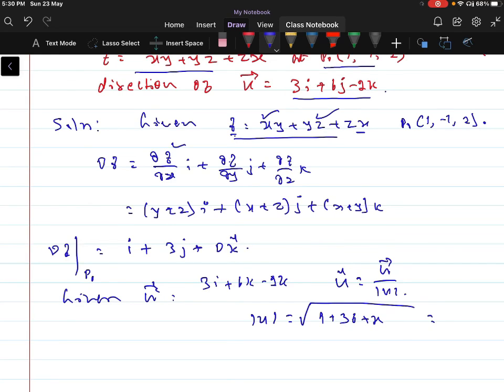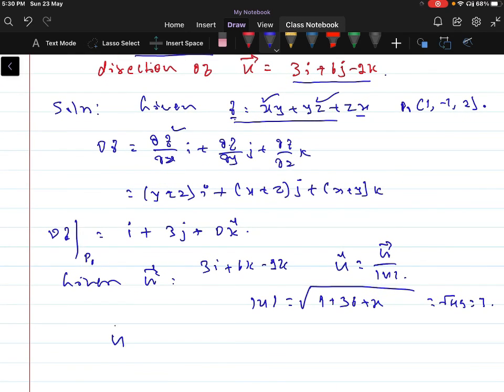So that is equal to square root of 49. So that can be written as 7. So therefore unit vector u cap can be written as 1 by 7 into 3i plus 6j minus 2k.